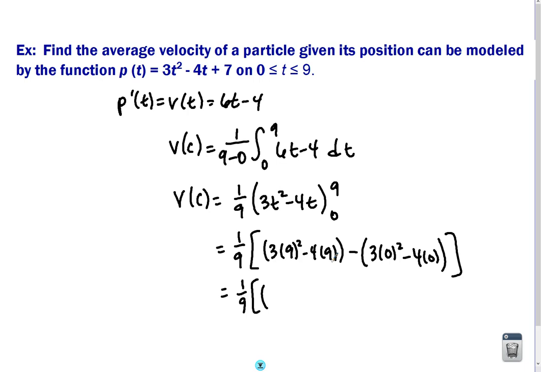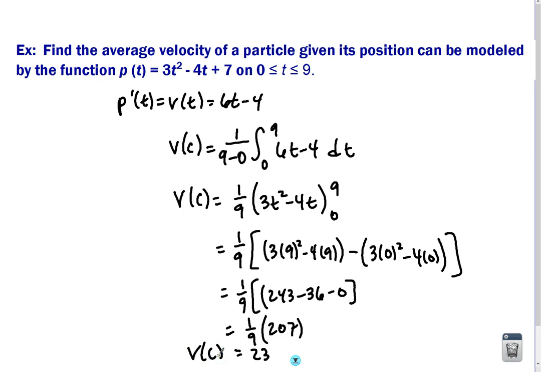Let's see, I have the final answer. 243 minus 36 minus 0, 243 minus 36, 1/9 of, what is that, 207, right? Yeah, and that works out to be 23, whatever our units are, which we don't know. Okay, so my average velocity is 23.